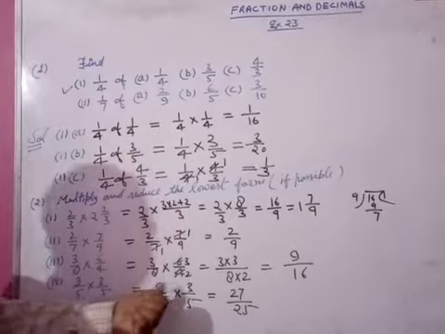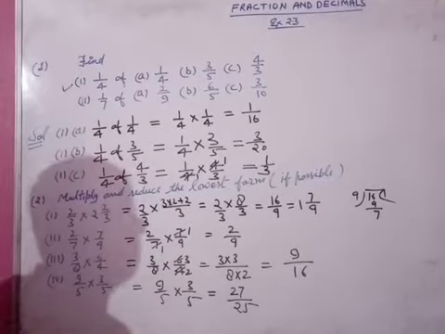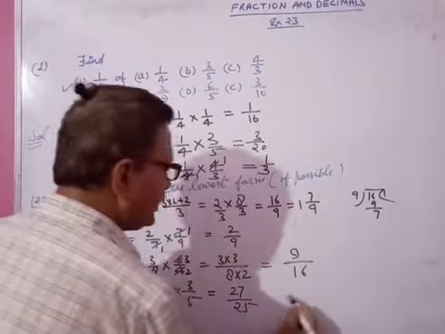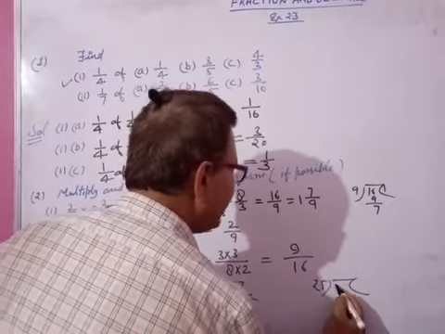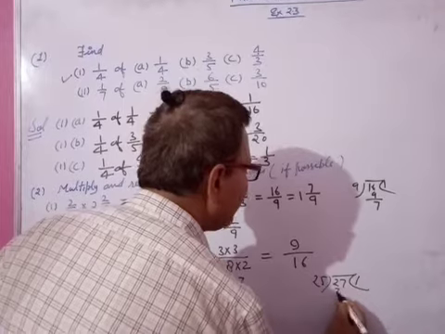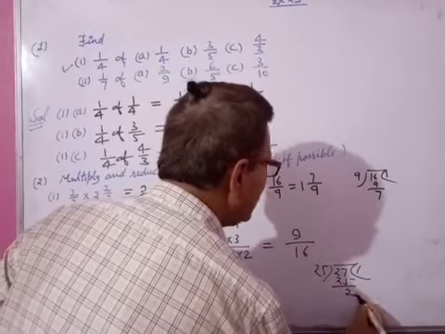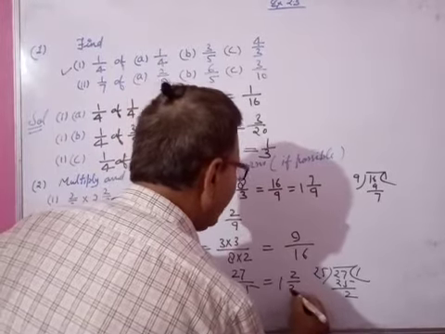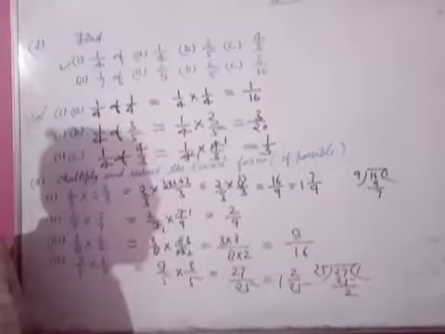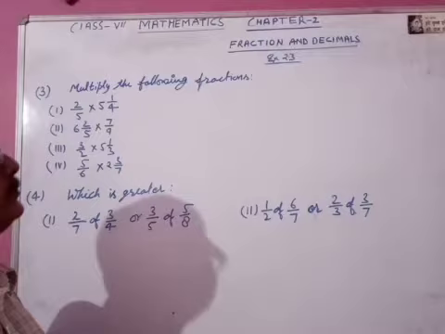You will multiply numerator and denominator. There is no common factor, so you will divide by 25 and change into a mixed fraction. 25 ones are 25, you will get remainder 2. That is 1 whole 2 upon 25. This is the answer.